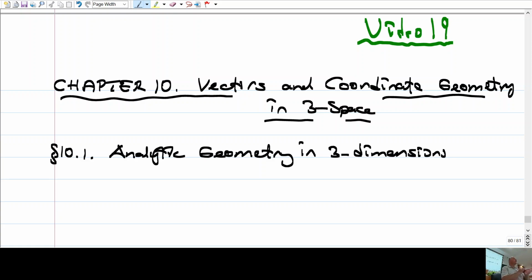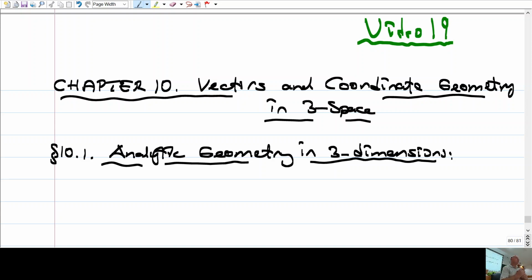You are familiar with analytic geometry in 2 dimensions, but maybe not so familiar with analytic geometry in 3 dimensions. In this chapter, we will start considering functions of several variables.